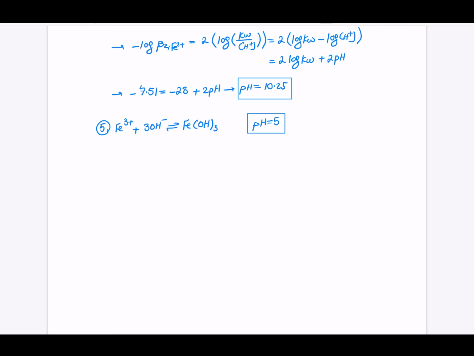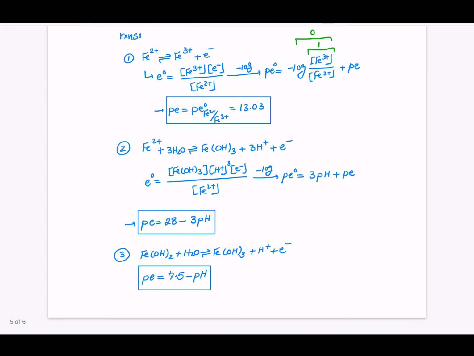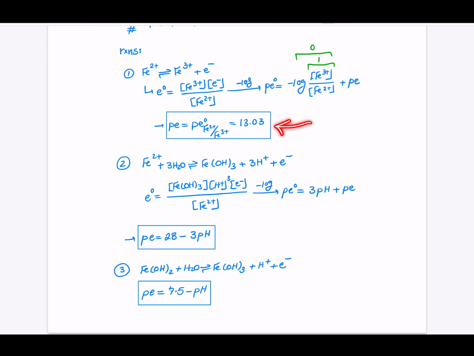So now we have these 5 lines: 2 vertical lines, 1 horizontal line, and 2 lines that both have components of PE and pH.